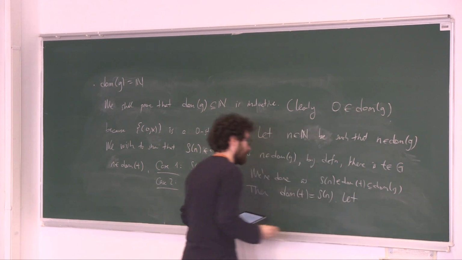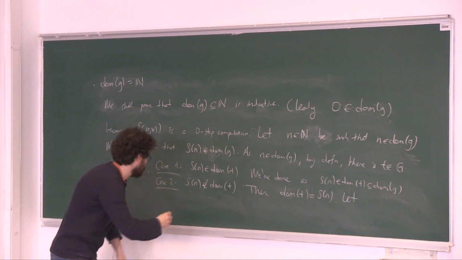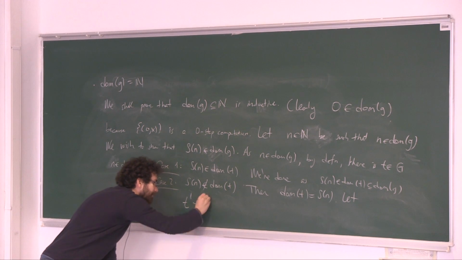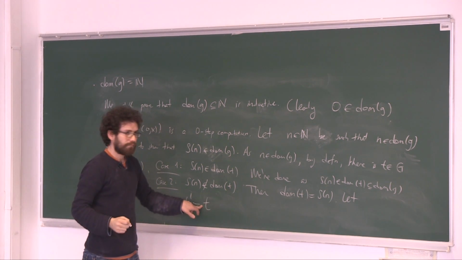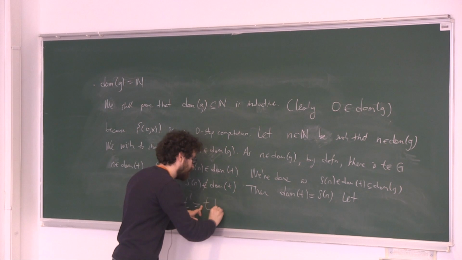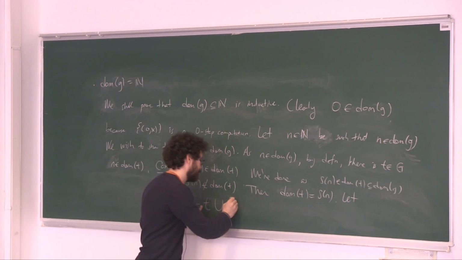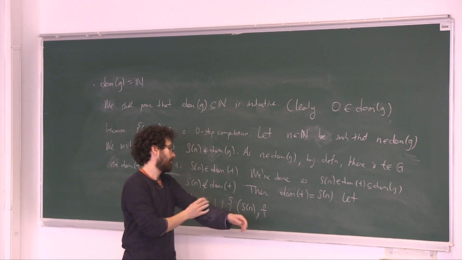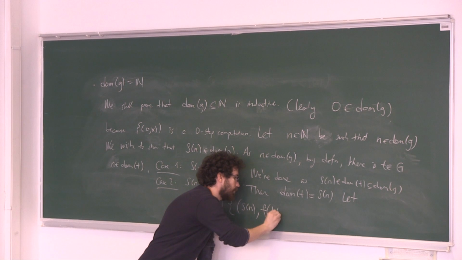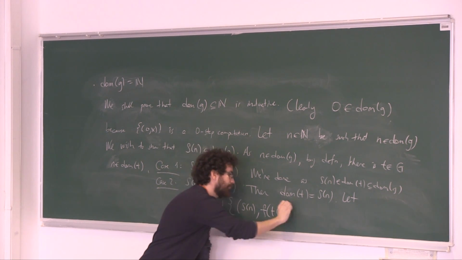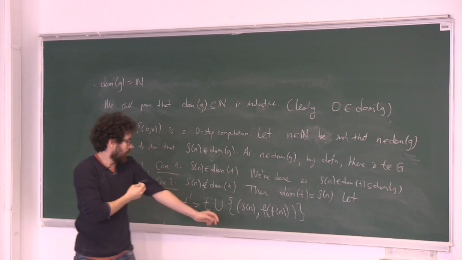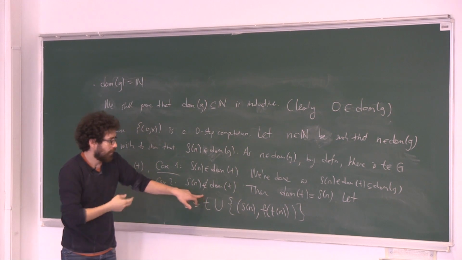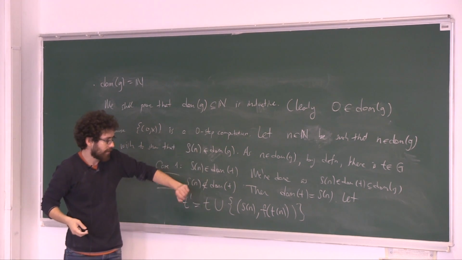Now, let T prime be the following function: T union {(S of n, f of T of n)}. This is a function from successor of n to x.